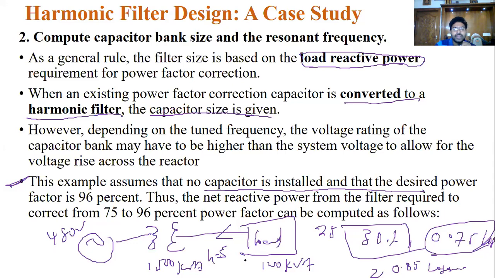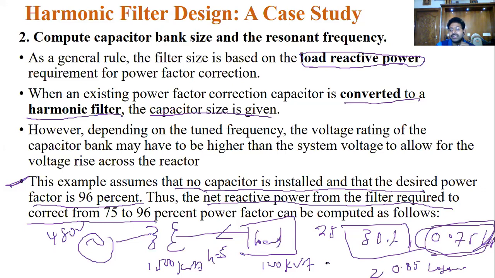Now see this. Here you can assume that without the load effects you would get 96% power factor, but because of some loads you get only 0.75 PF.